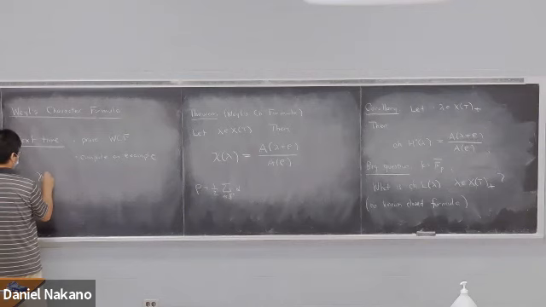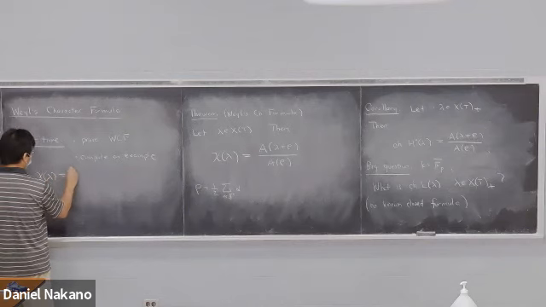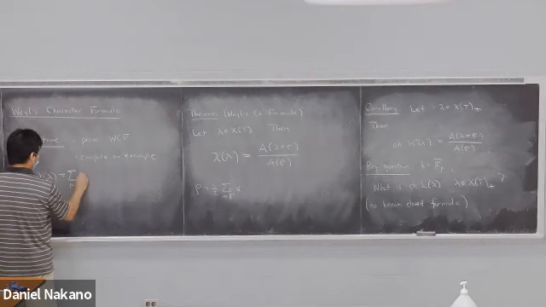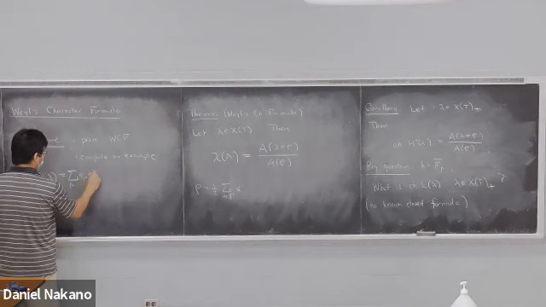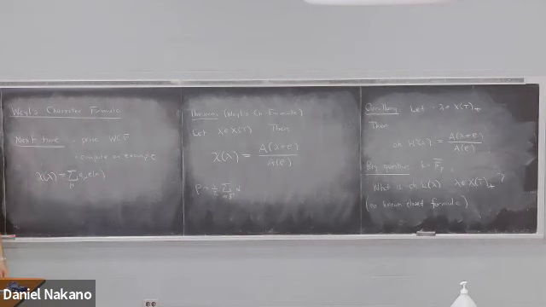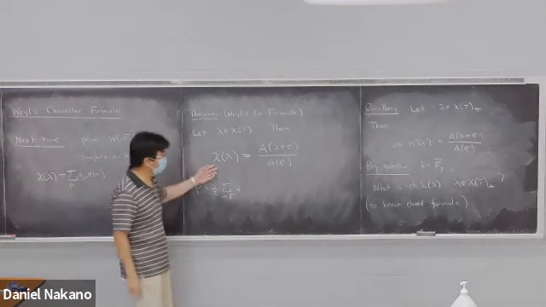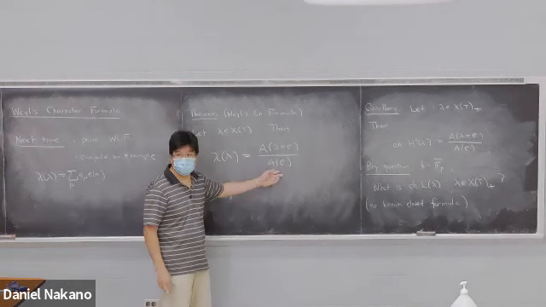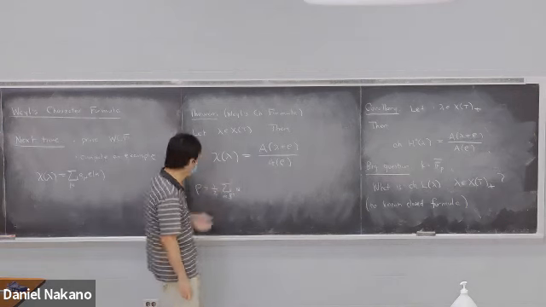It's going to be the sum over some mu, let's say. So by the Weyl character formula, we multiply this on the other side.